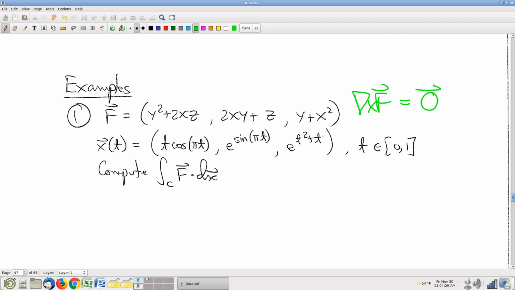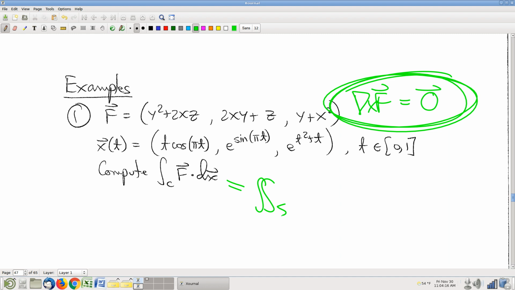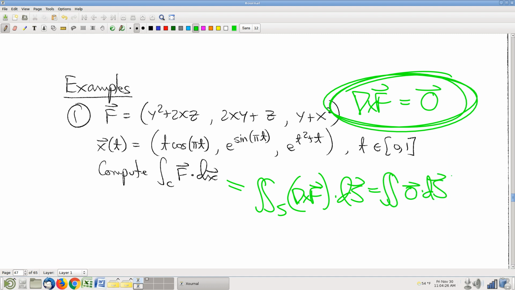What do you think about Stokes' curl theorem? Oh, by the way, especially given that the curl is 0, how about this? We'll just say flux of curl dot dS equals flux of 0 equals 0. Bam. How's that? What do you think? Anybody like that one?